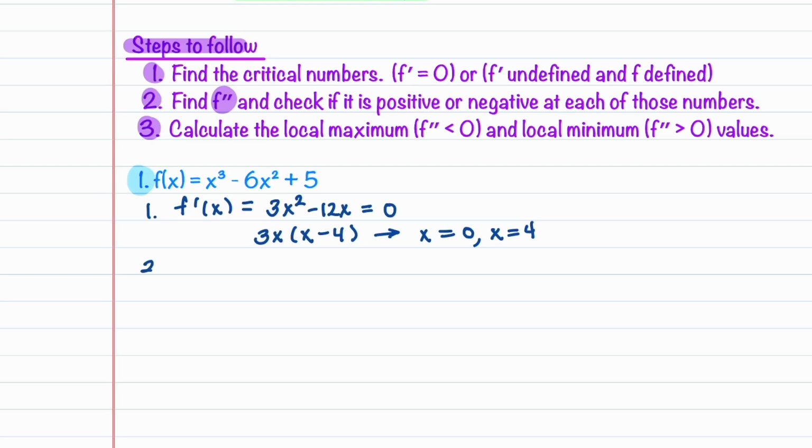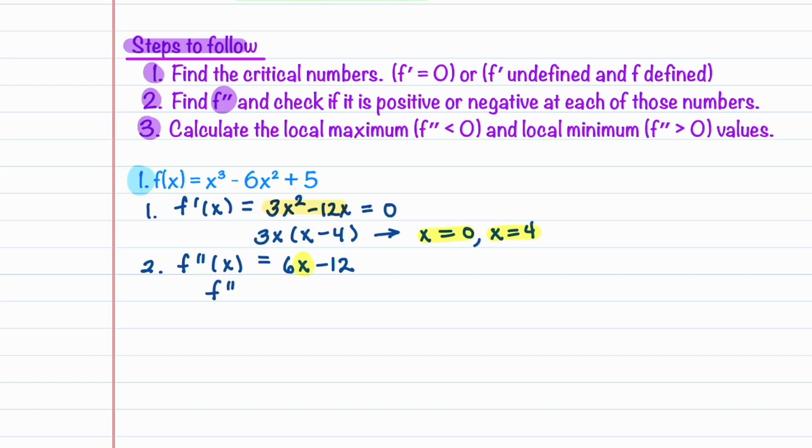Now, in step 2, we are going to find the second derivative. That second derivative is going to be based off of our first derivative, so we're going to differentiate that. So we're going to have a 6x minus 12. Now, we don't set this equal to 0. Instead, we take our critical numbers and substitute them in for x.